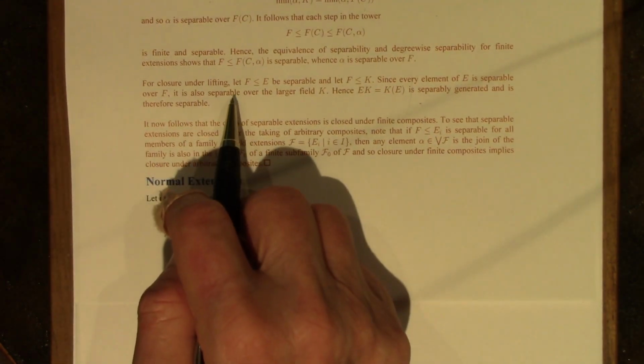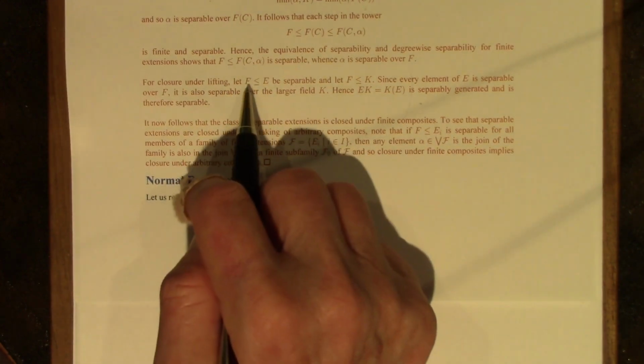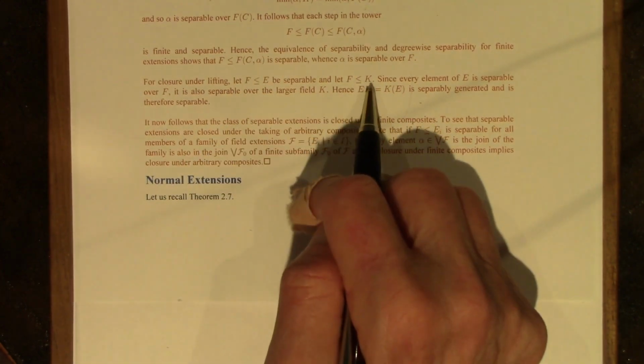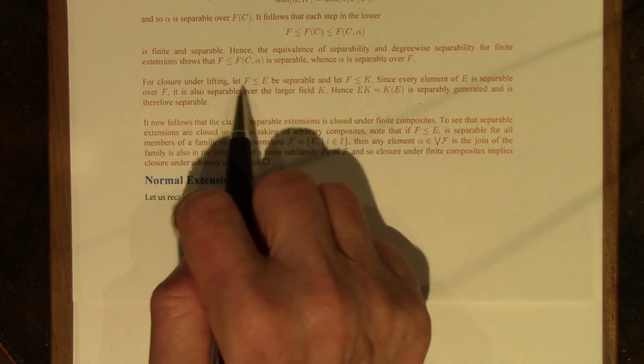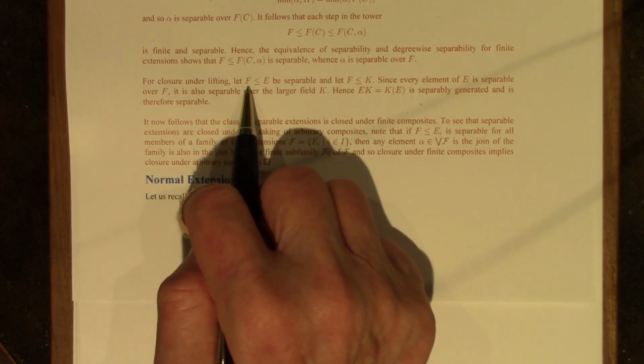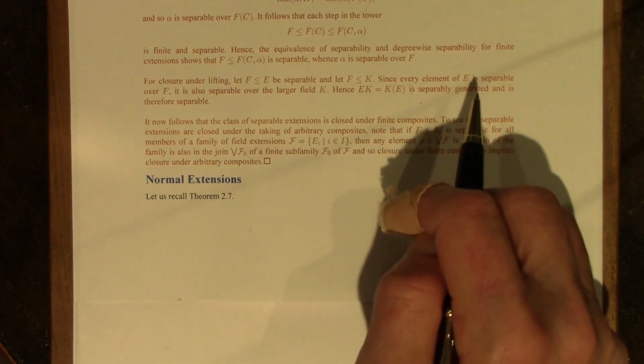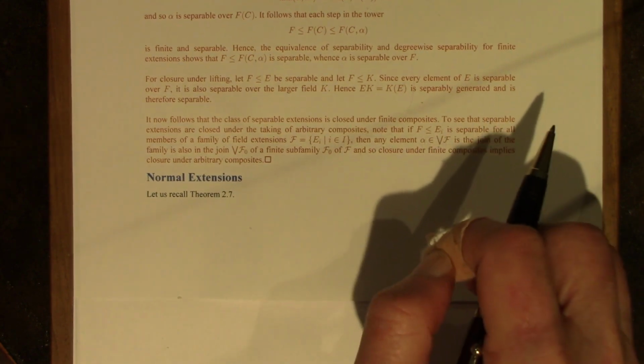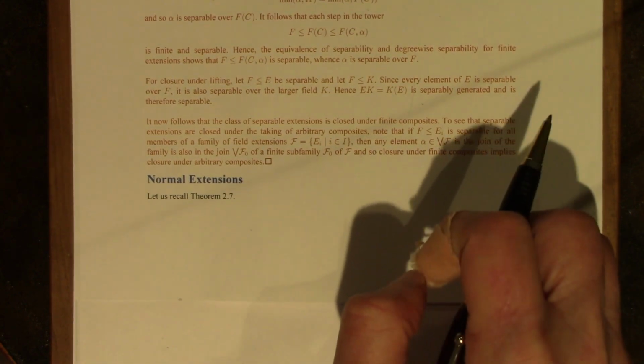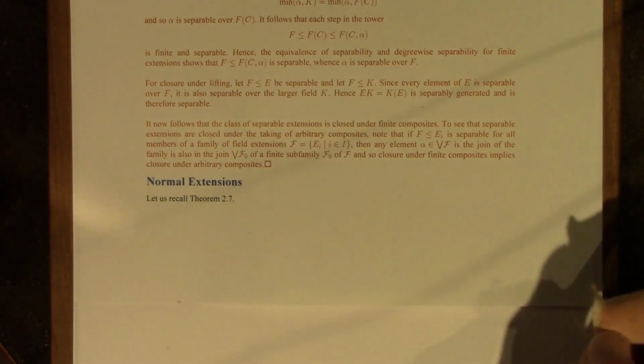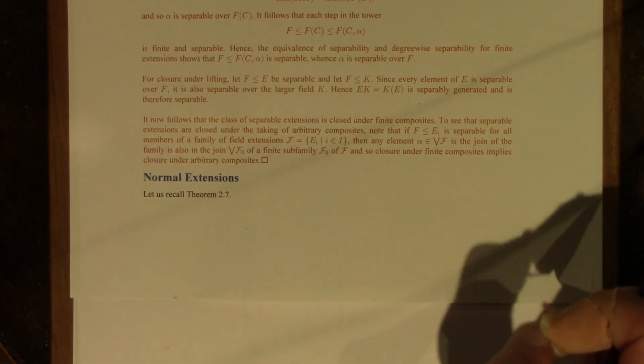As for closure under lifting, suppose E over F is separable and K is an extension of the lower field F. Since every element of E is separable over F, it's also separable over the larger field K. We went through that argument a minute ago.